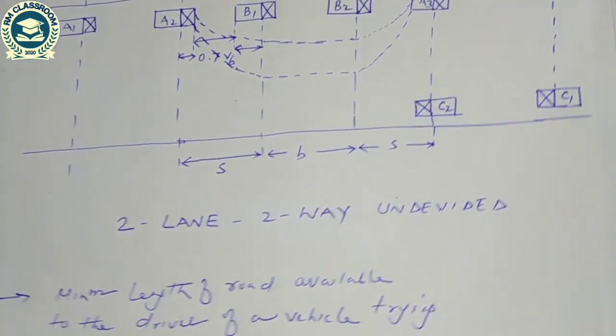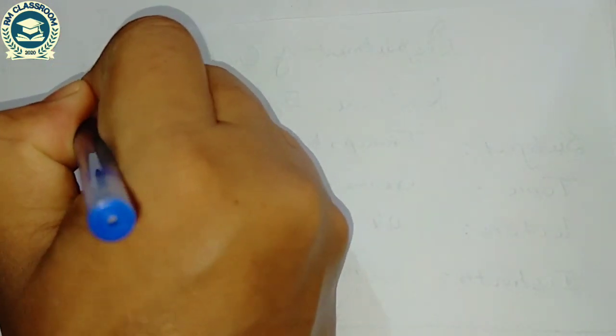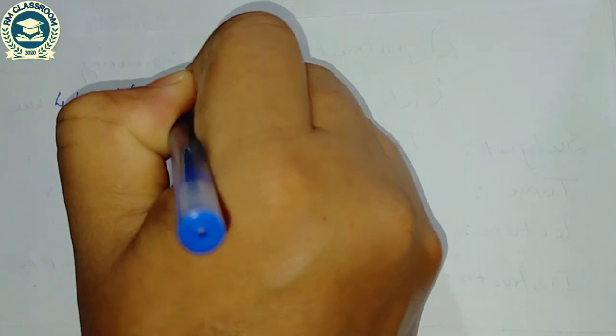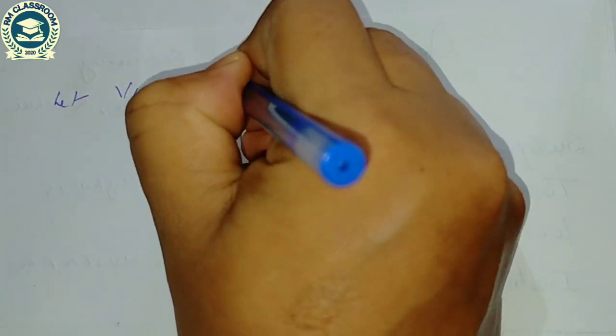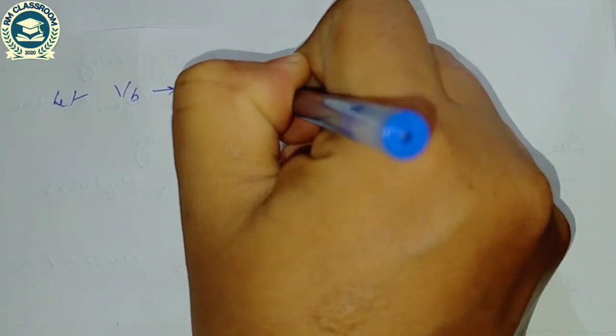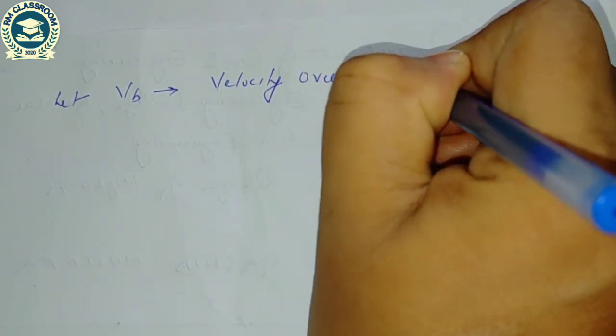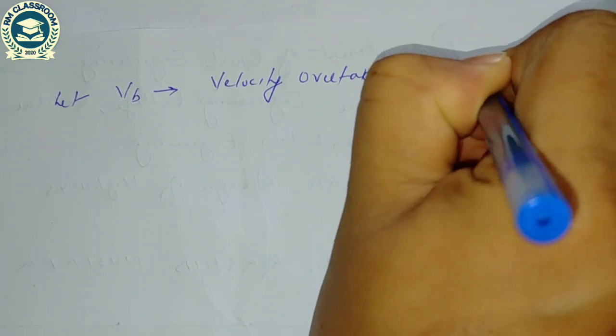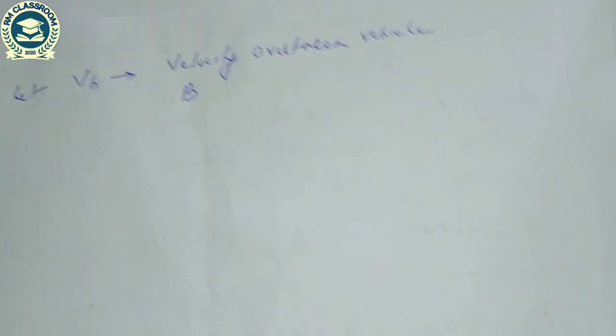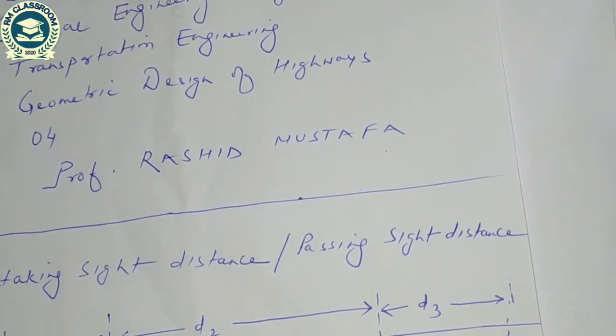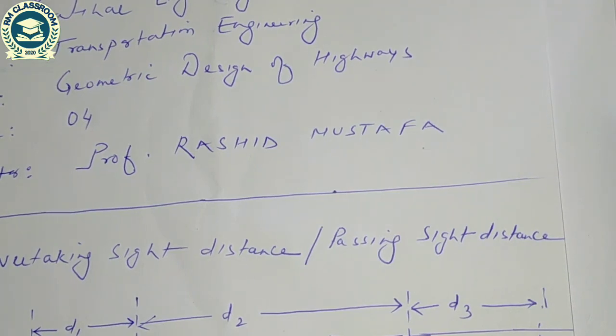Let Vb be the velocity of the overtaken vehicle B. This is B, so this vehicle should be overtaken by A.